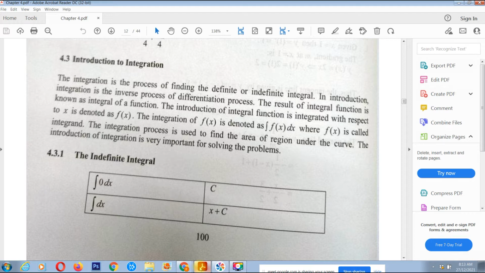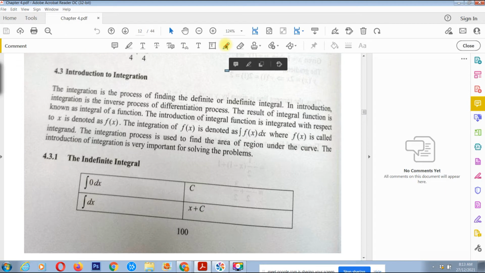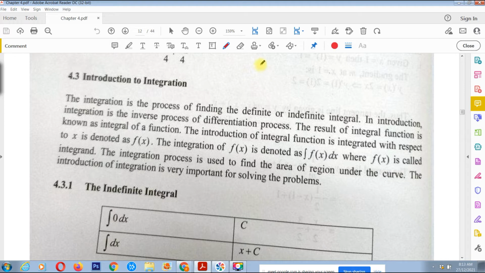So we have this integration. Before this, if we have a constant and we differentiate, we get 0, right? For example, differentiate 50 with respect to x, we will get 0.